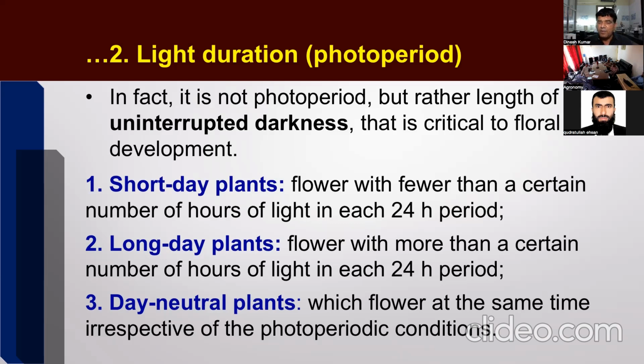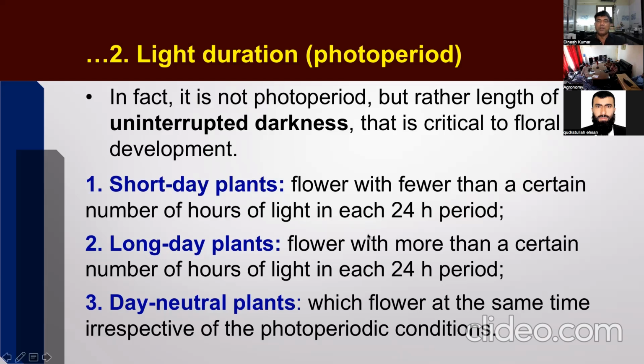Long day plants flower with more than a certain number of hours of light in each 24 hour period. Means they normally require more than 8 to 10 hours of light to flower. Day neutral plants remain unaffected by the photoperiod for flowering. In this case, it may flower during short day or long day periods. Therefore, they are called day neutral plants.